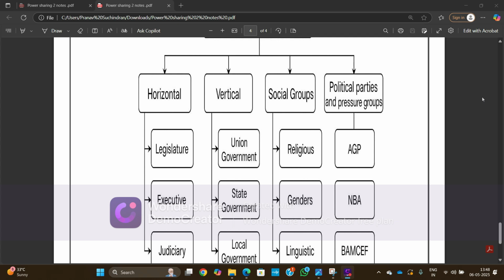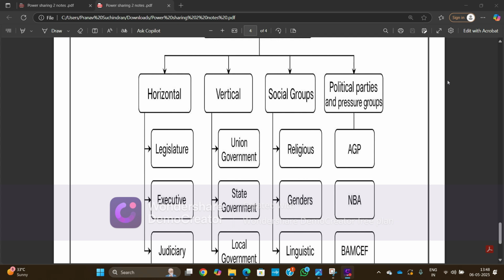Now, let us look at power sharing amongst political parties, movements, and pressure groups. Best example for power sharing amongst political parties would be coalition government. During a coalition government, many parties hold hands together and form the government. For example, the current government that is ruling in the central is a coalition government.